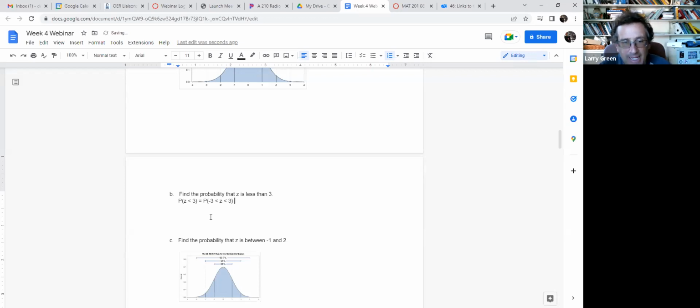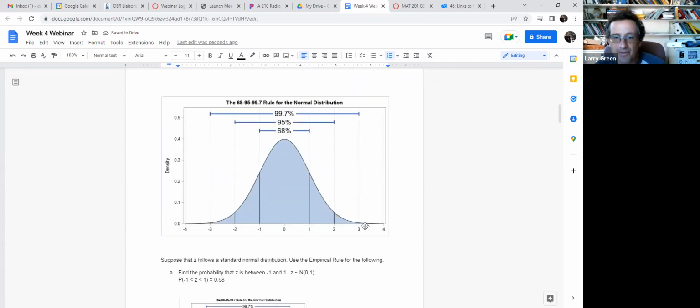But then I need to add in the probability that z < -3. Any questions on doing that? Kind of taking everything to the left of 3 and putting it into these two pieces, -3 to 3, and then that little extra on the tail on the left.